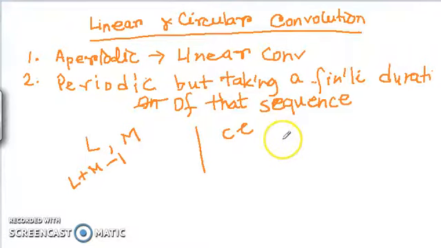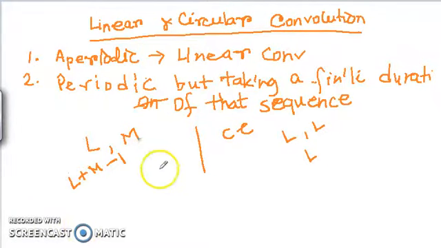In both methods, the length of the two sequences must be the same, and the result is also of the same length. So for circular convolution, both of them must be of L length and the output is also of, suppose, L length.